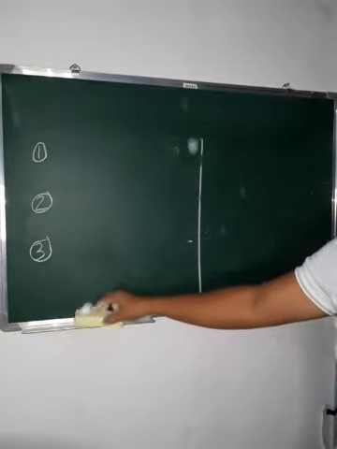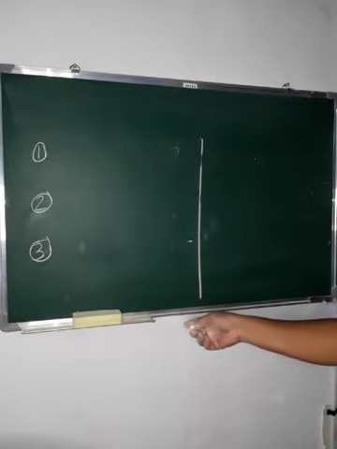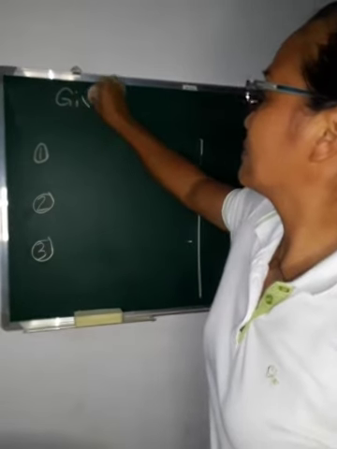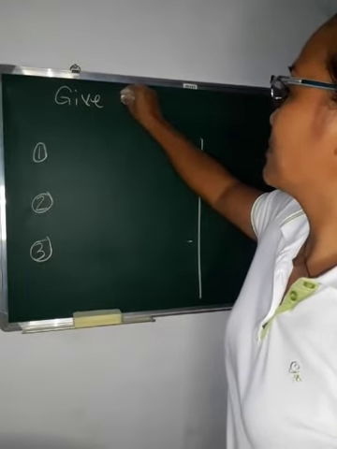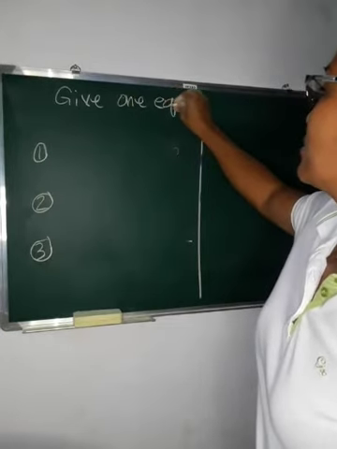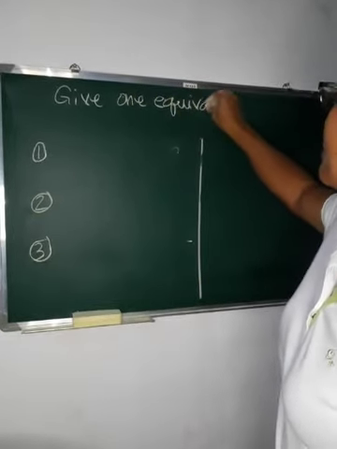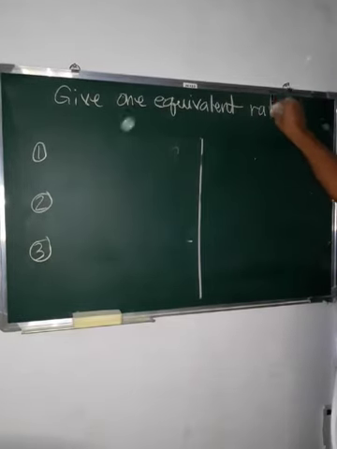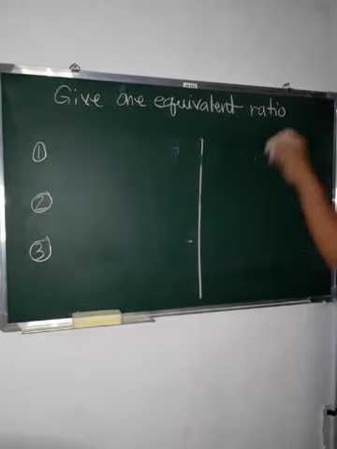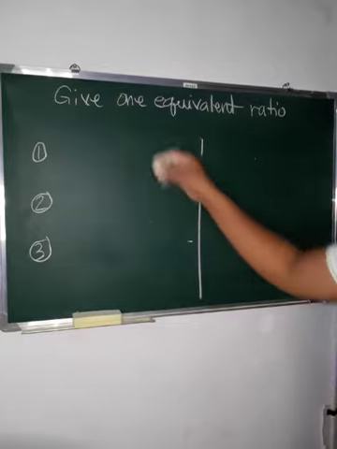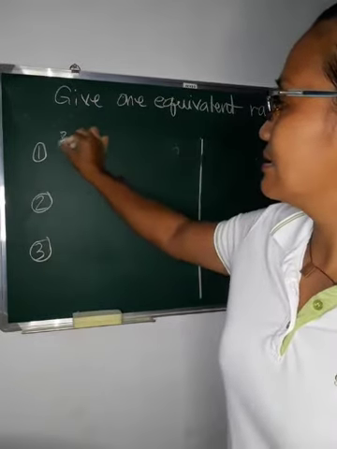Give one equivalent ratio. Okay, give one equivalent ratio of the given ratio. So I'm going to give you examples. 2 over 7.